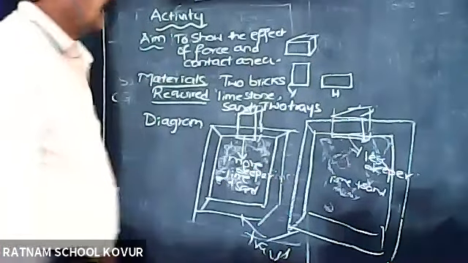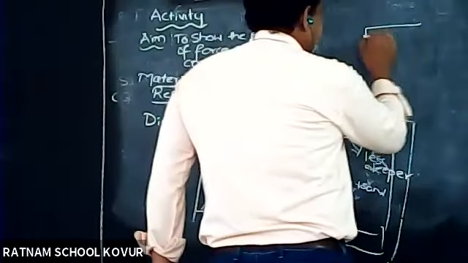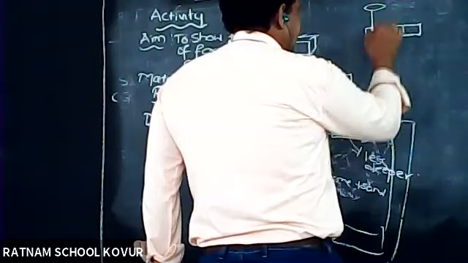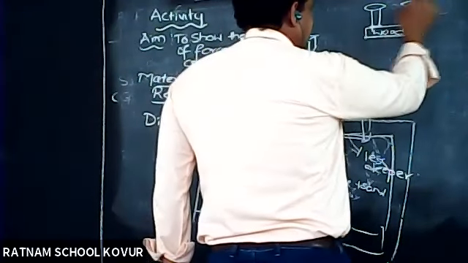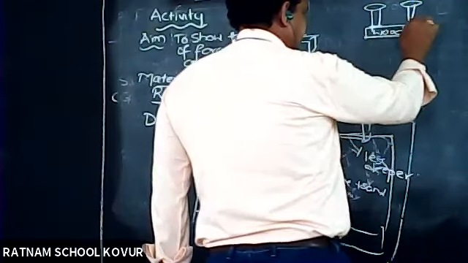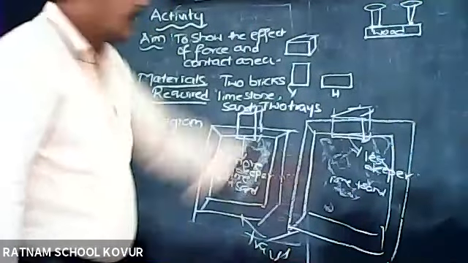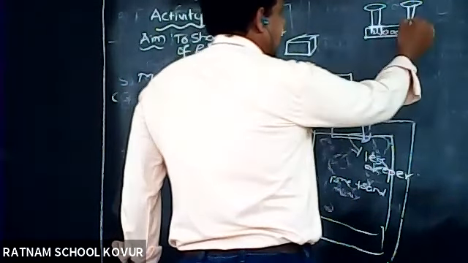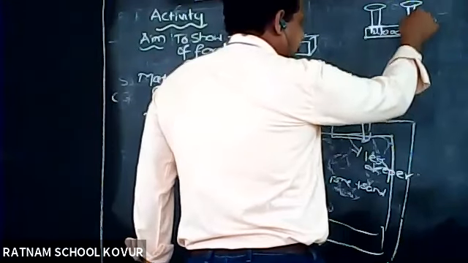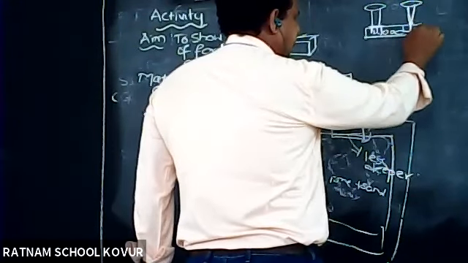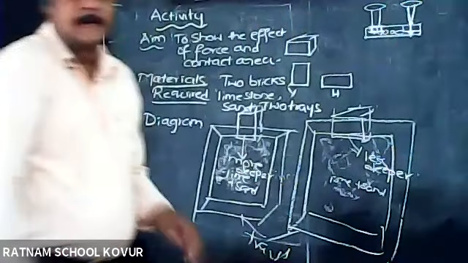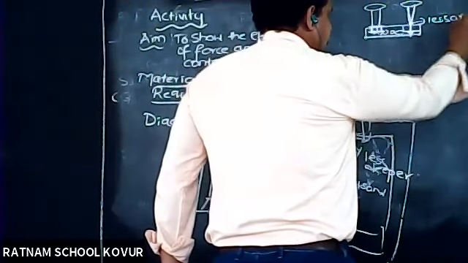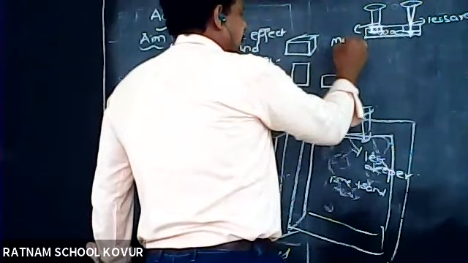So I will say one example here. Suppose this is wood. Two nails are there. One has a flat end, another has a sharp edge. The nail with the flat end, the force is distributed, but the one with a pinpoint will go deeper, the other less deep. This one has less area, this one has more area.